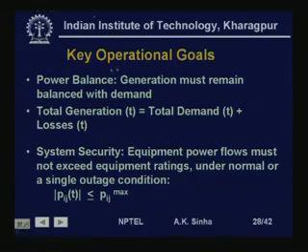One of the key operational goals, as we said, is power balance, because generation must balance with the demand. When I switch on, the generation must go up, but how does a generator see that you have switched on your device? It does not know. So, this kind of indication comes to it by means of a drop in frequency.